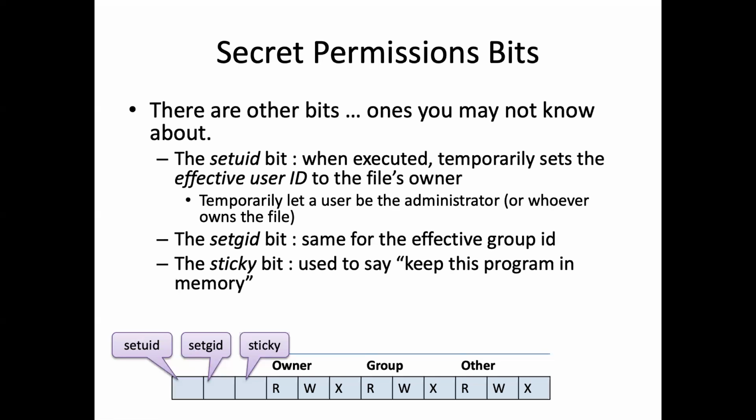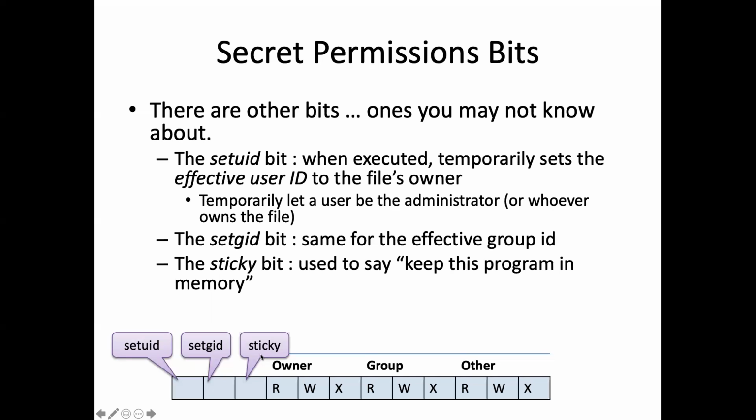If this is a program and its set GID bit is 1, if it's non-zero, then when a user runs this program, they will temporarily, just for the duration of that program, be given the group permissions of the file rather than their own group permissions. Let's talk about those 2 for just a moment.